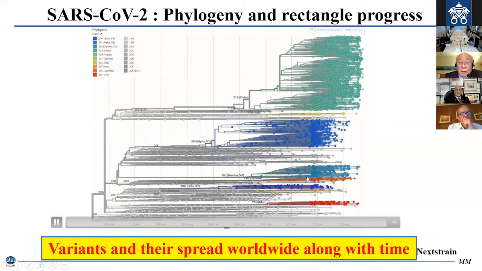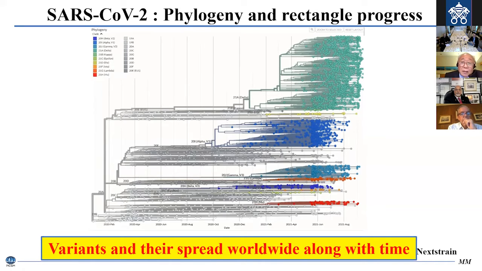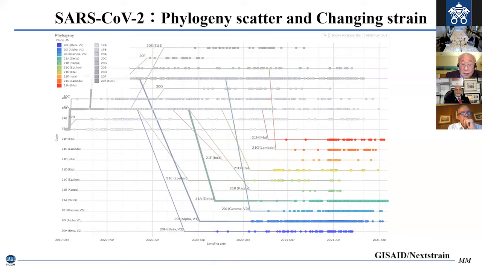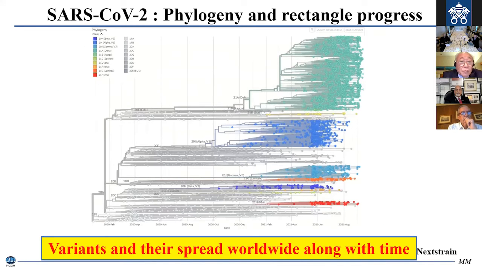Alpha, Gamma, and finally the Delta variant spread worldwide with time. Suddenly, we could not expect it.